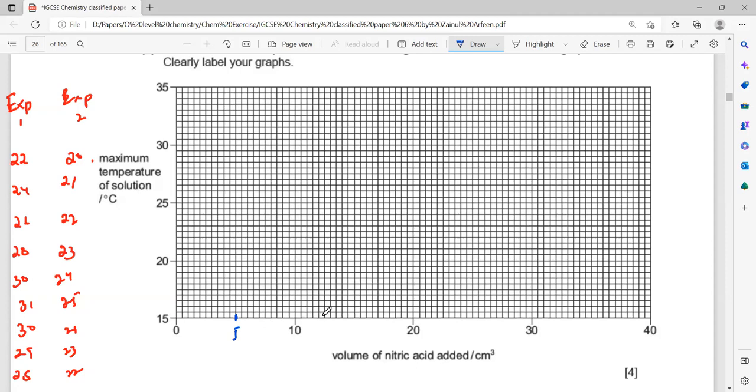This will be 15 because we need them as well. This will be 25. This will be 35. Now we mark the points.